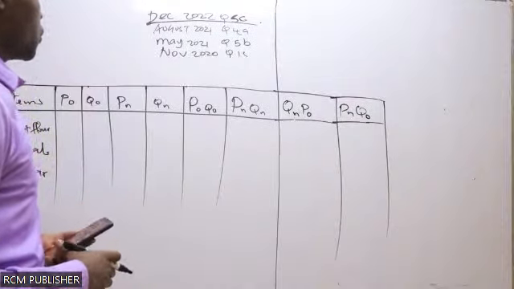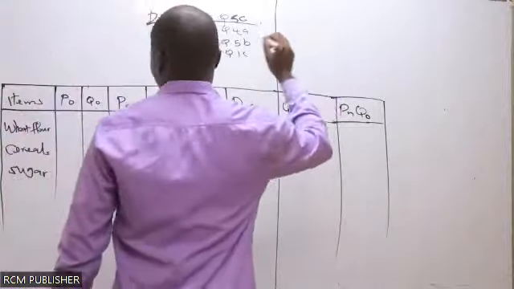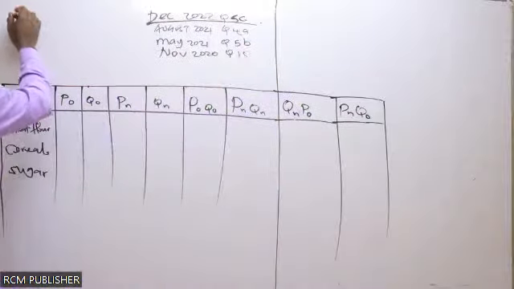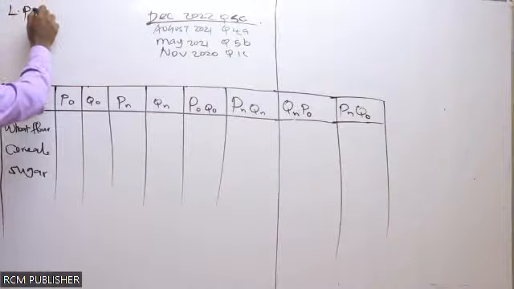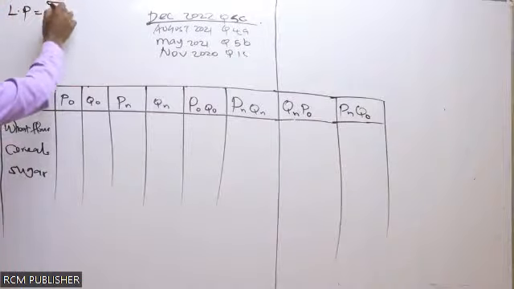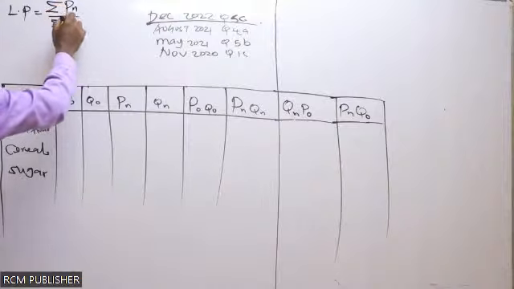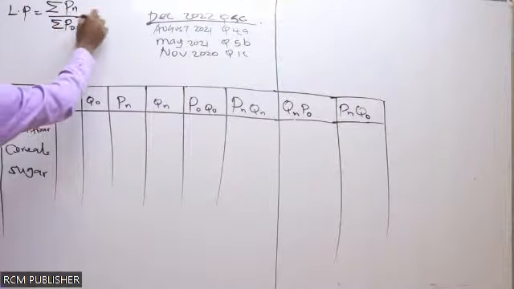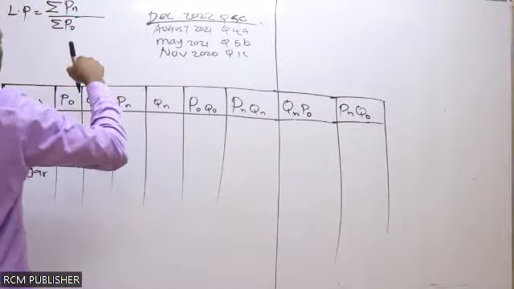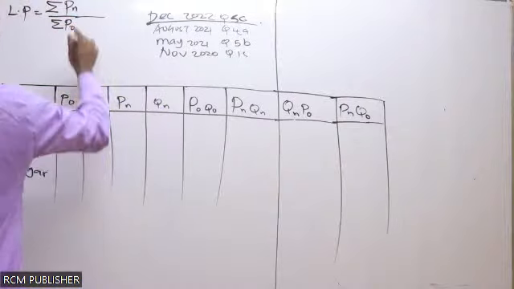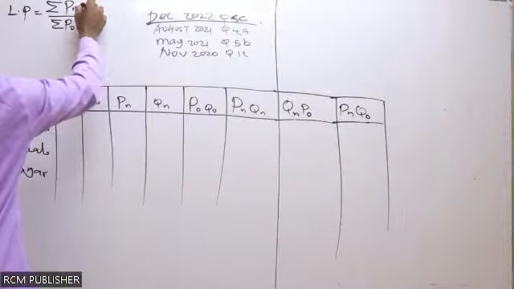So for the price index, using the Laspeyres formula, we said it is the summation of the current price over summation of the previous price. But then we have been told that using Laspeyres formula, the base year becomes the weight. So that weight has been replaced with the base year quantities of QO.